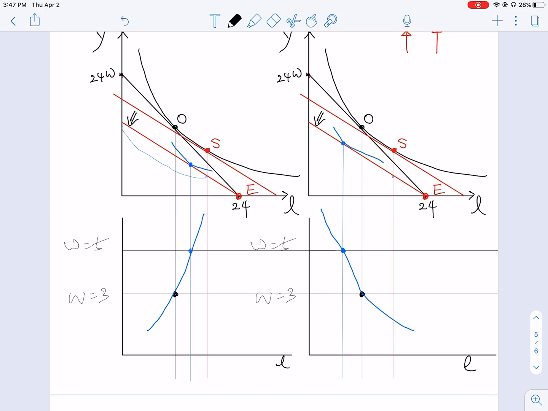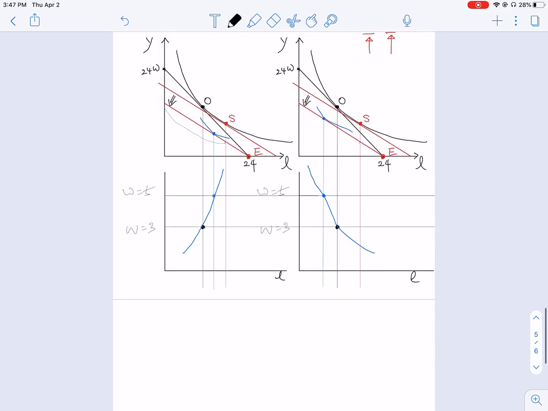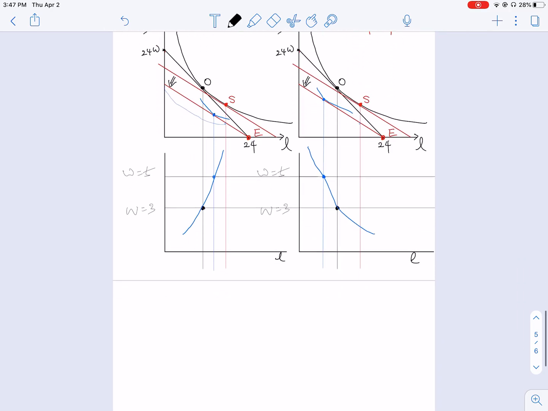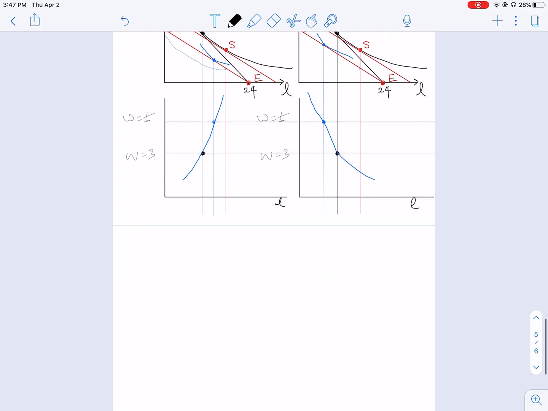But if it's only a slightly normal good, then we have an upward sloping demand curve. So if the endowments change, we see this kind of weird picture. And what's the consequence of that to the labor market?